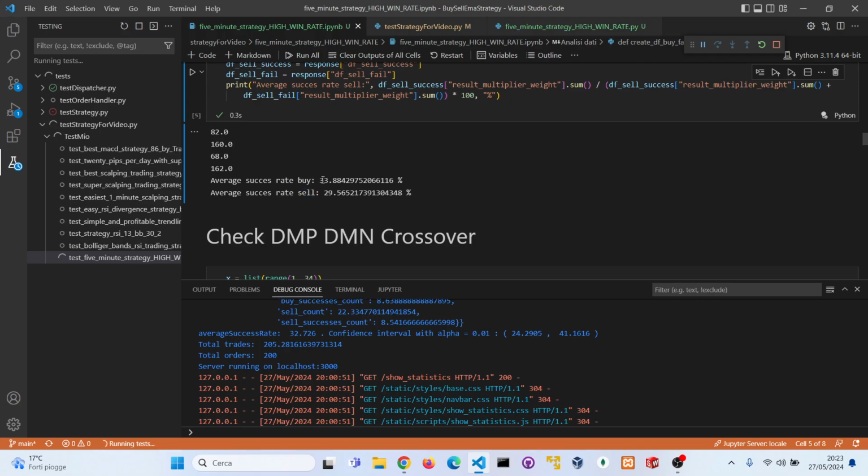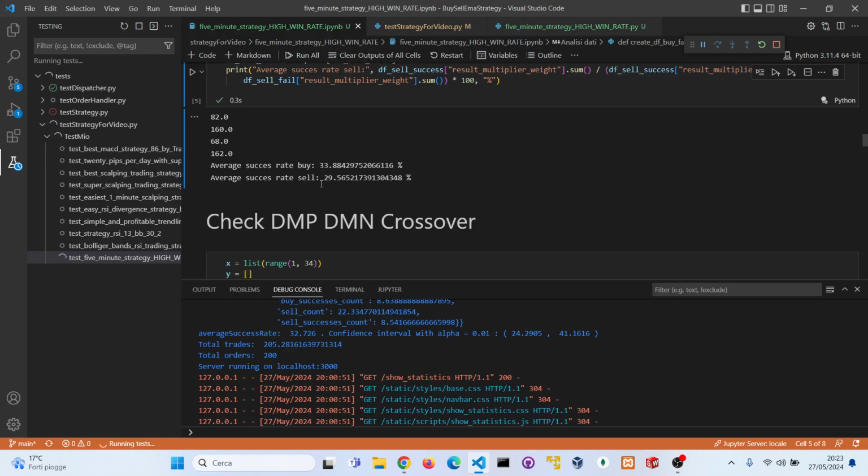So maybe by filtering the trades with this criteria could improve the strategy, but the number of trades is very low, so I will not take into consideration this criteria due to the fact that our confidence interval would increase. So it's not a good idea.